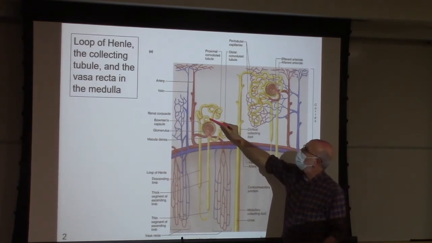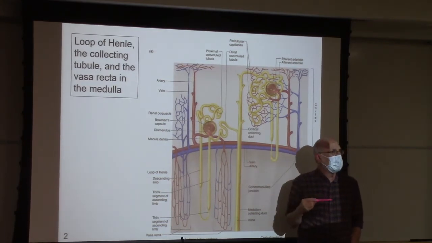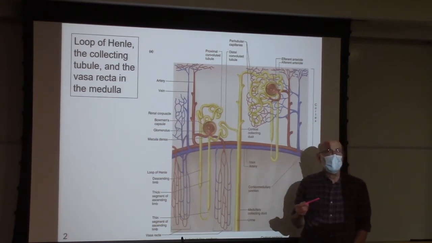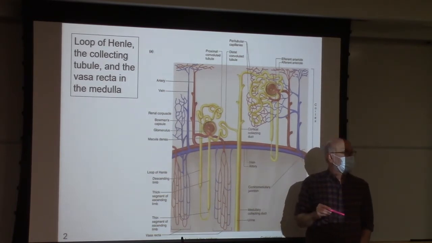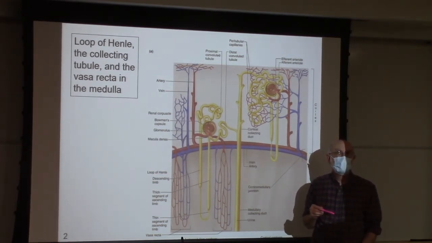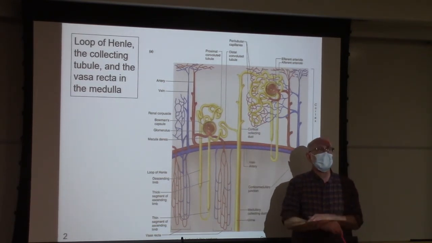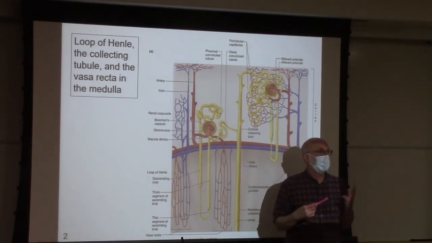Filtration generates a fluid that is working through the proximal tubule. The epithelial cells of the proximal tubule work very hard to reabsorb sodium and glucose and some bicarbonate and some other solutes that we're not talking about because I'm trying to be conceptual and I don't want to overload you with details about calcium or phosphate or other solutes.